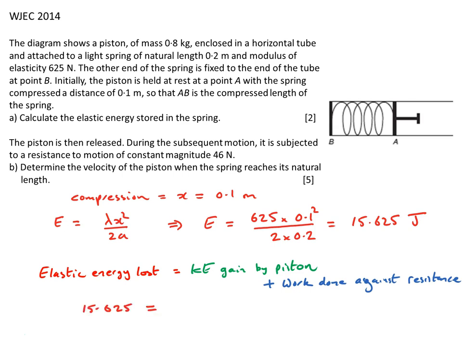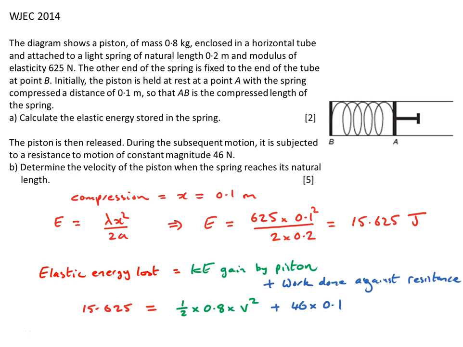The kinetic energy gained by the piston is a half of the mass of the piston times v squared. The mass of the piston is 0.8, so we've got a half times 0.8 times v squared. The work done against the resistance, well, the resistance is 46 newtons, and we've been moving 0.1 meters against that resistance. So the work done against the resistance is going to be 46 times 0.1.